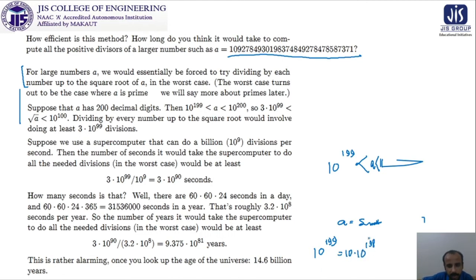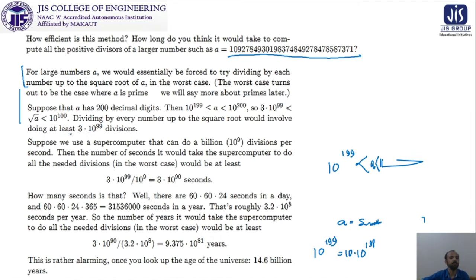If you take the square root of this, it will be 10 to the power 99, and 10 after taking the square root will be 3 point something. So we are taking the lesser part because it is the smaller number, and it is root A, and obviously it will be 10 to the power 100.